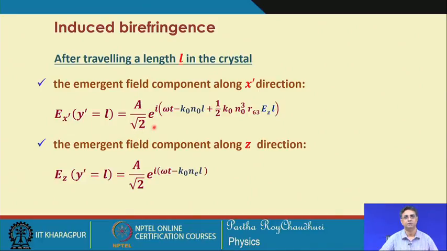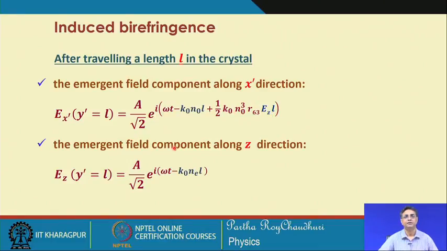This is coming because of the 45-degree inclination of the polarization with the z and x axis, and this we have seen is the fixed phase of this light, and omega t is the time dependent phase, whereas this is the phase which is proportional to the external field. So, this part of the phase has come into play because of the application of the external voltage.